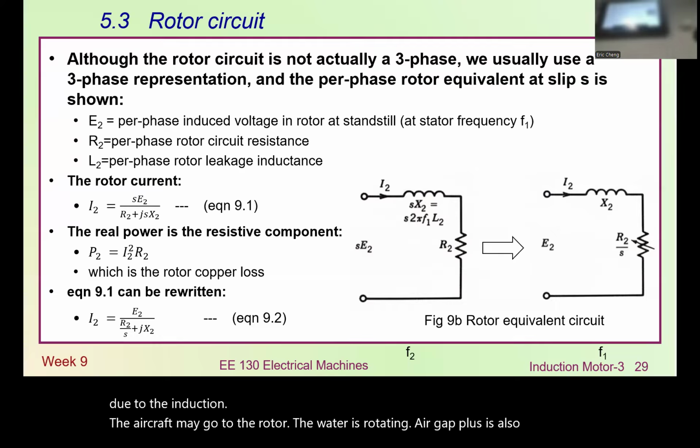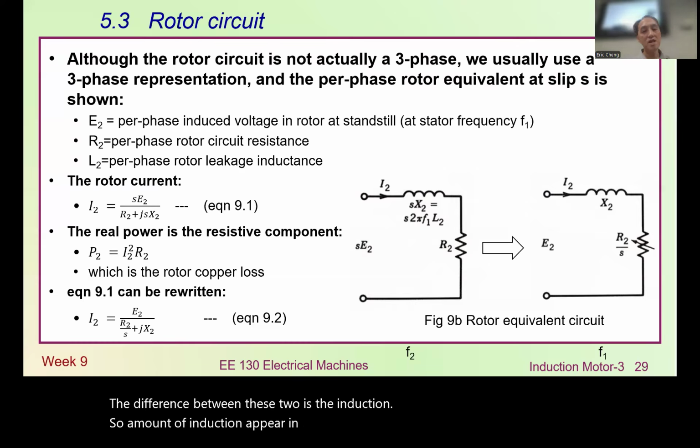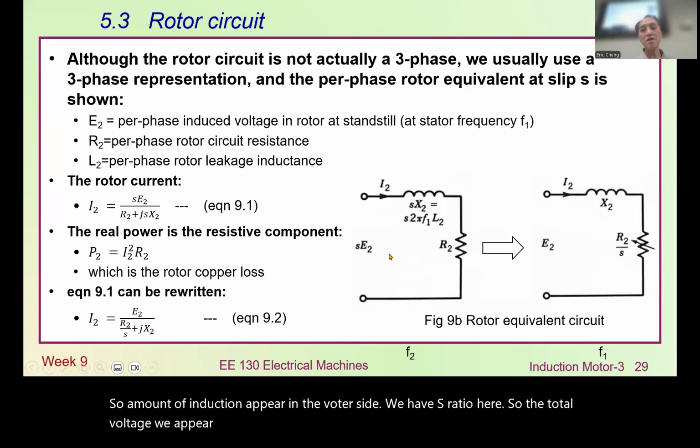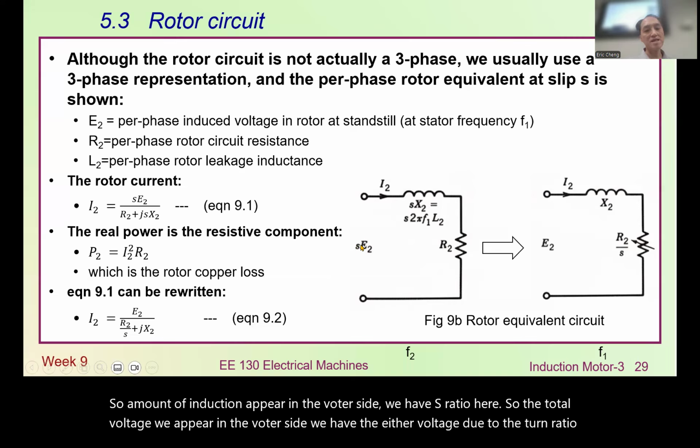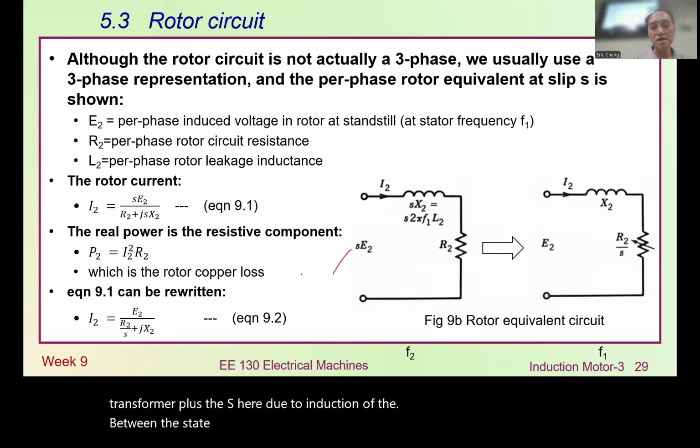The difference between these two is the induction, so the amount of induction appearing on the rotor side gives us the S ratio. So the total voltage appearing on the rotor side is the E2 voltage due to the transformer turns ratio, plus the S here due to induction between the stator and rotor. That's mainly due to induction, but there's also a turns ratio due to the turns.